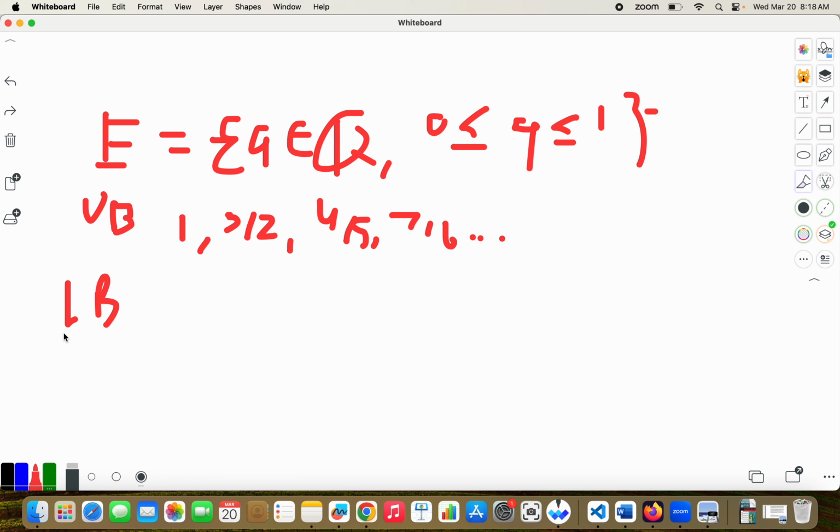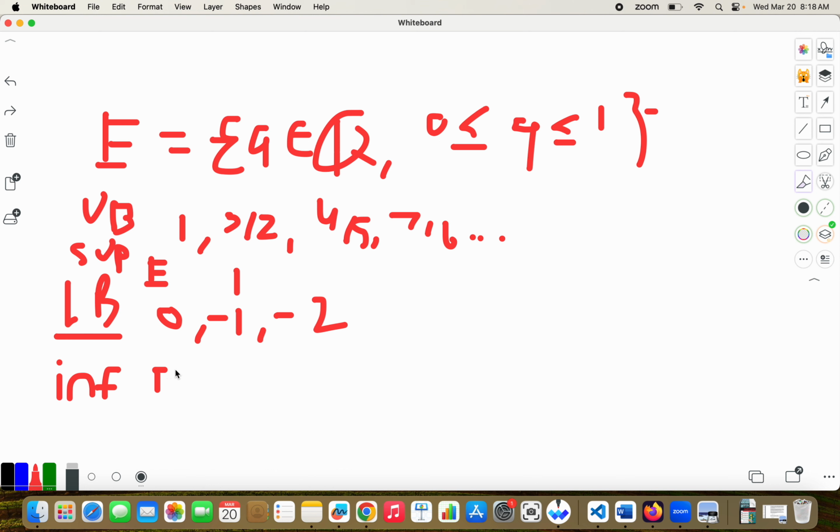Lower bounds, and the sup. Not even going to put E at this point. Actually, fine, I'll put E. 1, lower bounds 0, -1, -2, and the inf of E is 0.